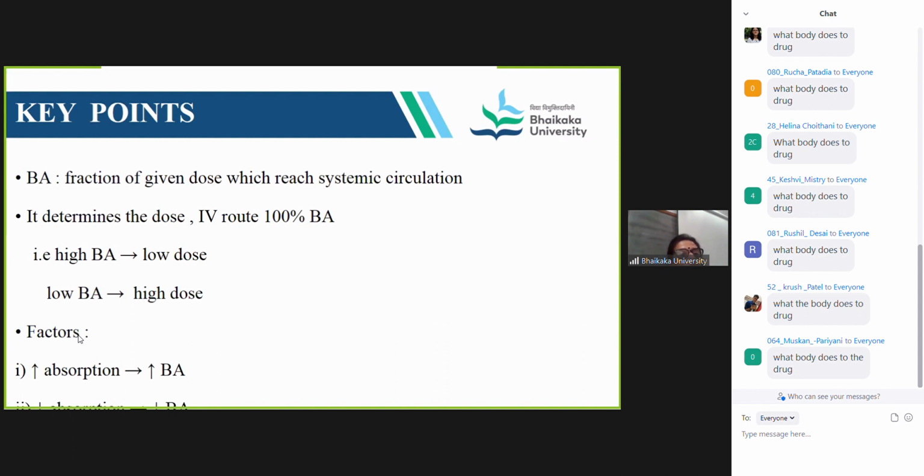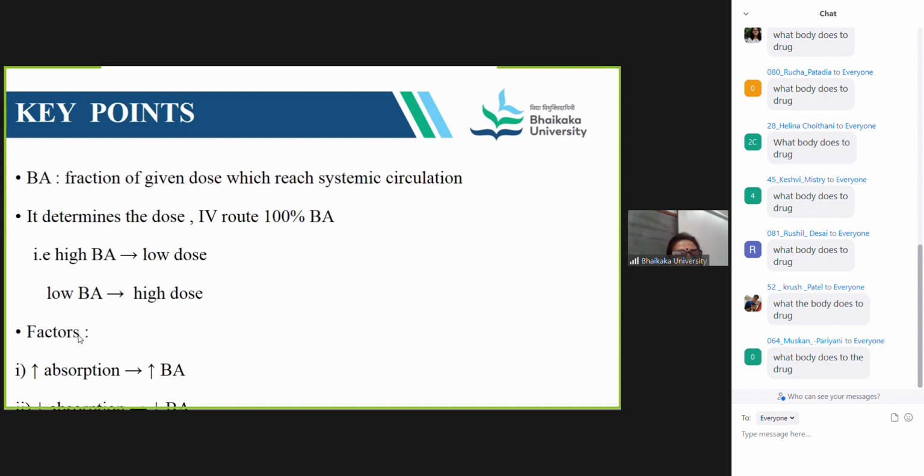The key point is that bioavailability is the fraction of the given dose which reaches the systemic circulation, so rate and extent. Availability determines the dose, and especially the IV route has 100% bioavailability. A drug with high bioavailability requires a lesser dose, and if there is low bioavailability, one has to give a higher dose.